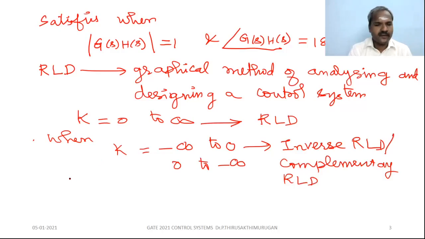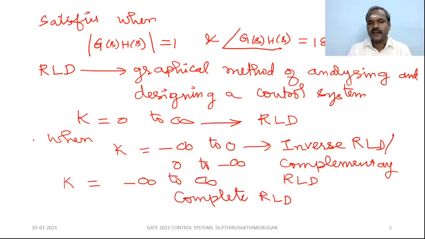When k varies from minus infinity to plus infinity, this is called the complete RLD.